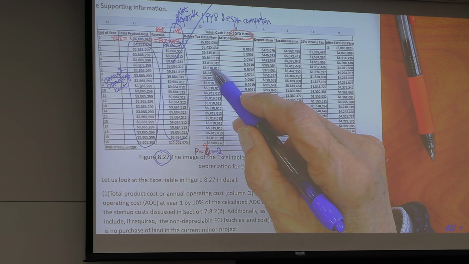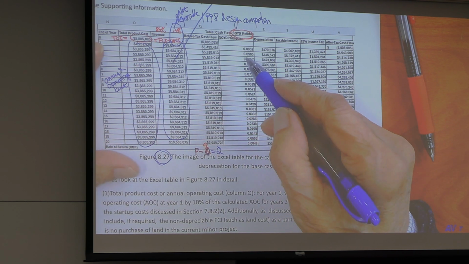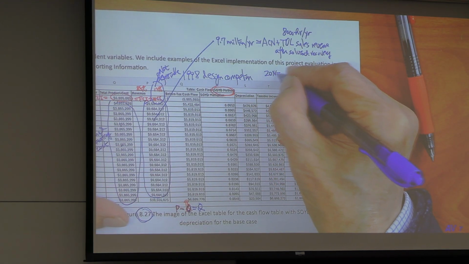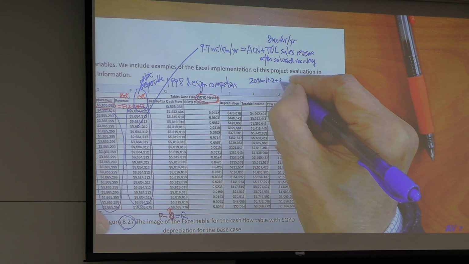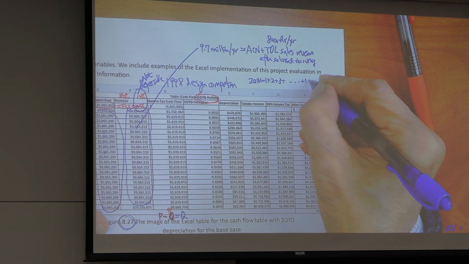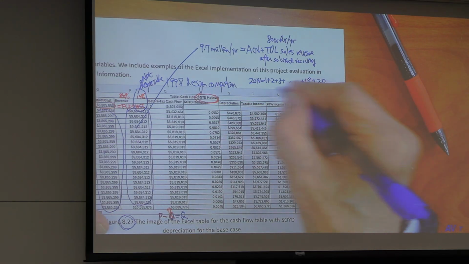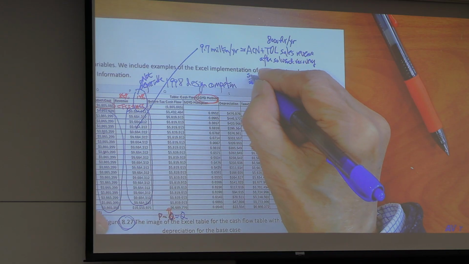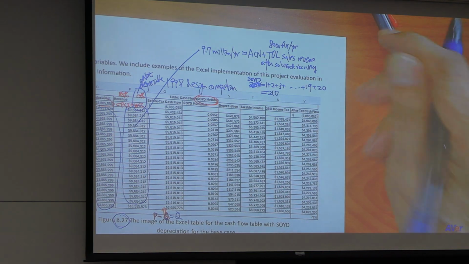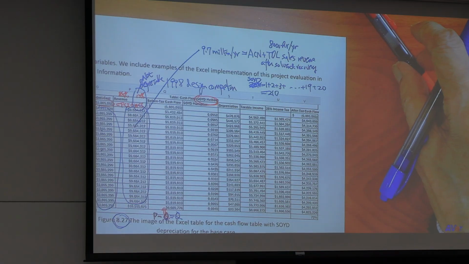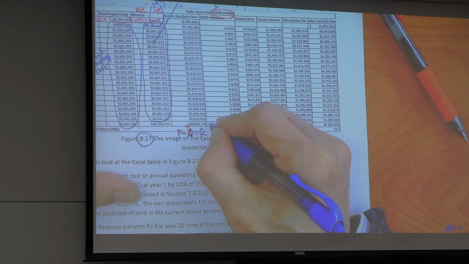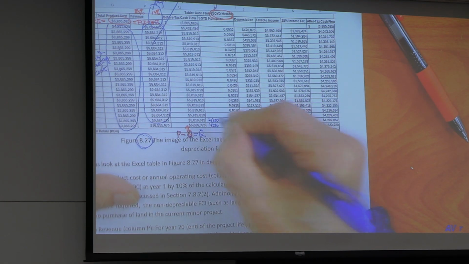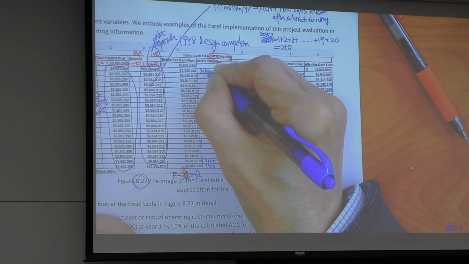Making sense? Now, SOYD, I told you for 20 years equals 1 plus 2 plus 3 up to 19 plus 20, which is 210. Sum of the year digits. The multiplier is 1 over 210, 2 over 210, up to 20 over 210.